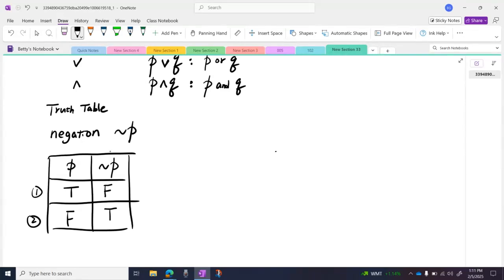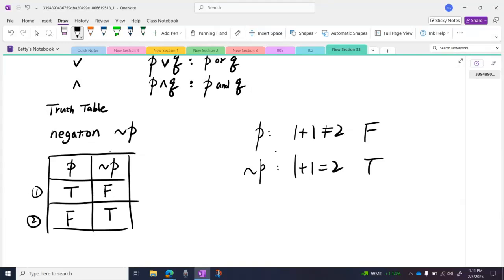For example, if P represents a false statement, let's say 1 plus 1 is not equal to 2. Let's say P is 1 plus 1 not equal to 2. It is false, obviously, right? Then its negation will be 1 plus 1 equals 2.